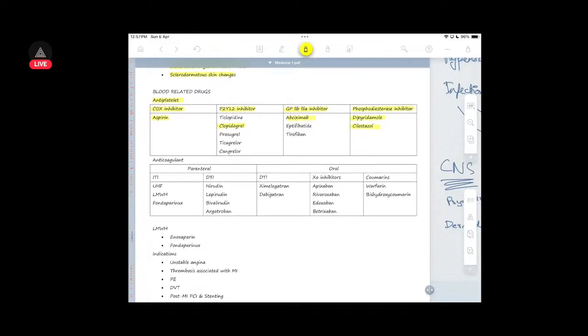Okay, then you have anticoagulants. You have parenteral and oral anticoagulants.